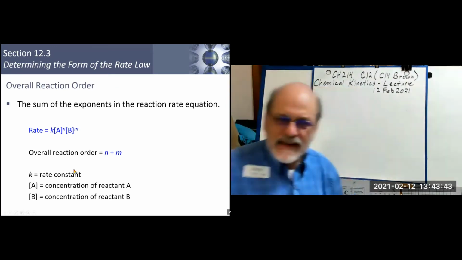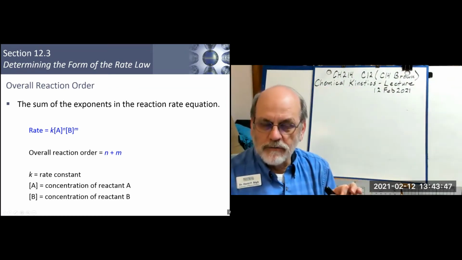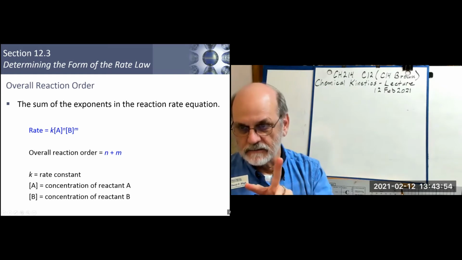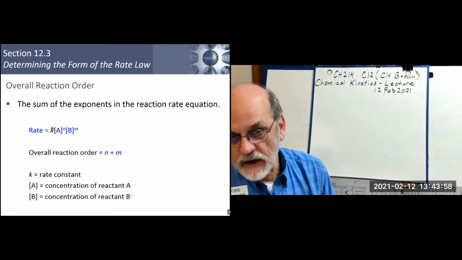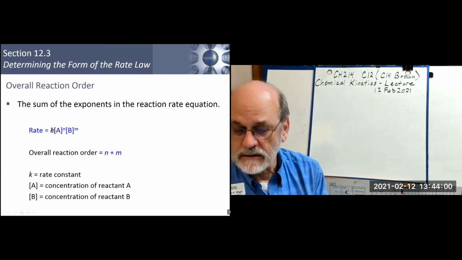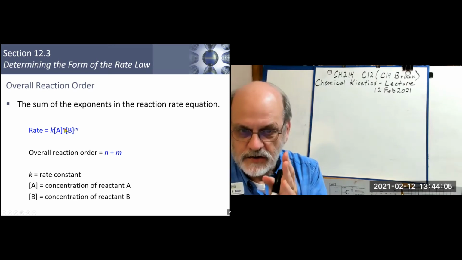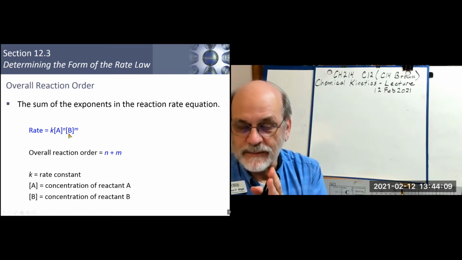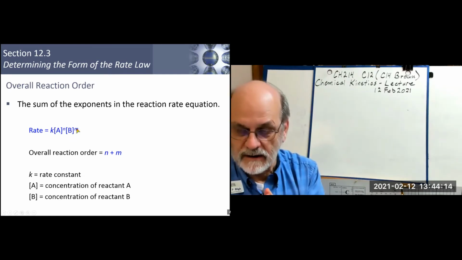In this case, we're writing a rate law for a reaction which has two reactants, A and B. The rate is equal to the rate constant times the concentration of A to its order, power n, and times the concentration of B to its order, power m.